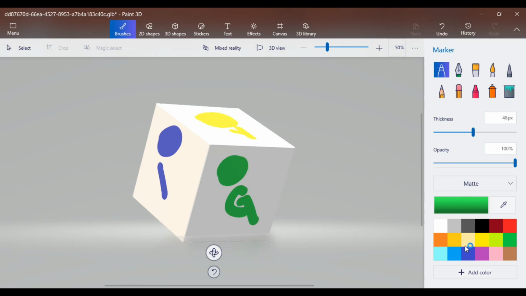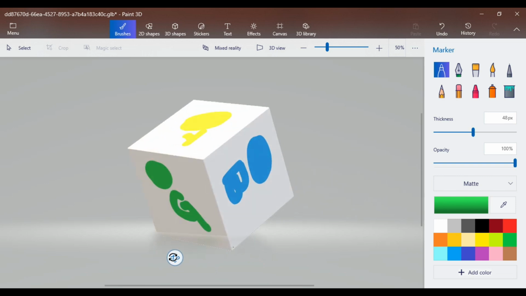Now blue, green and yellow. Yes, see here we have blue, green and yellow are on another adjacent side. Orange, violet and blue.